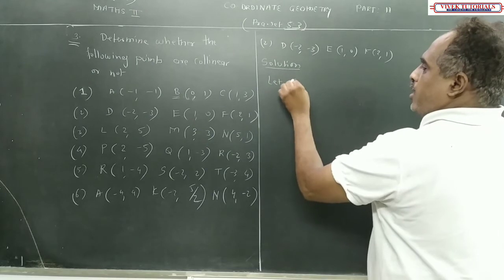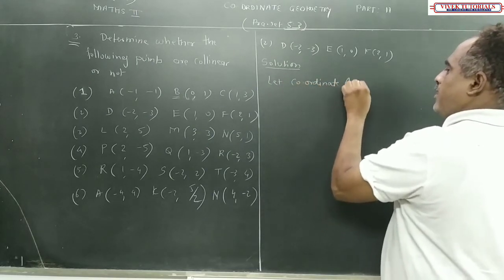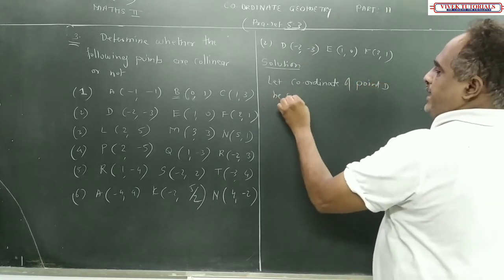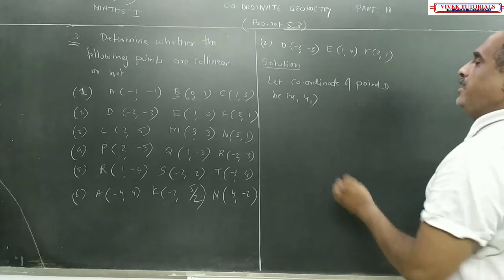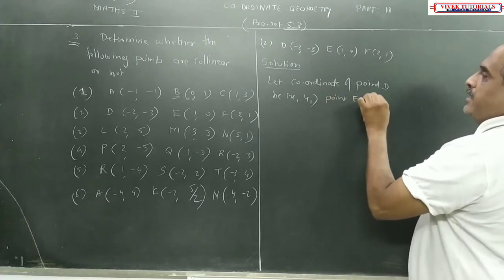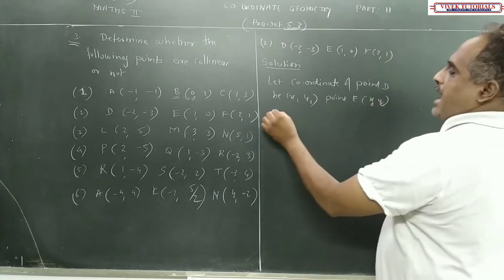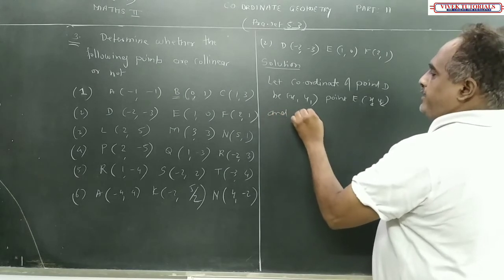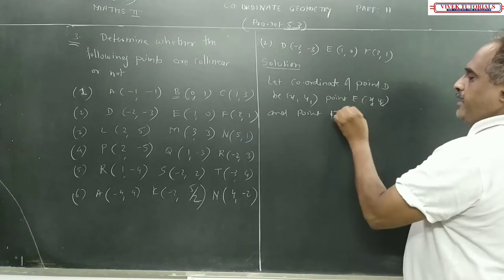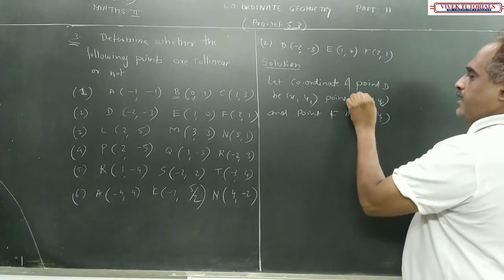Let the coordinates of point D be x1, y1, point E be x2, y2, and point F be x3, y3.